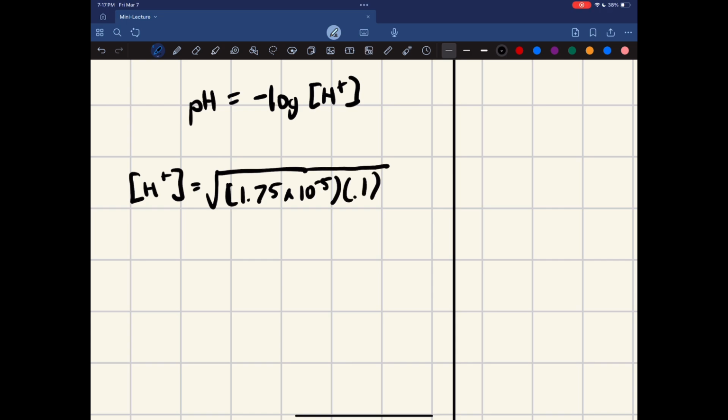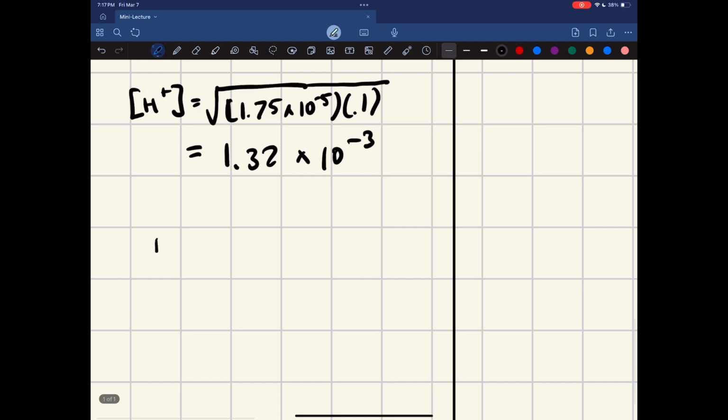This would give you something around 1.32 times 10 to the negative 3rd. And the pH, after plugging it into the negative log, would give you pH equals 2.88.